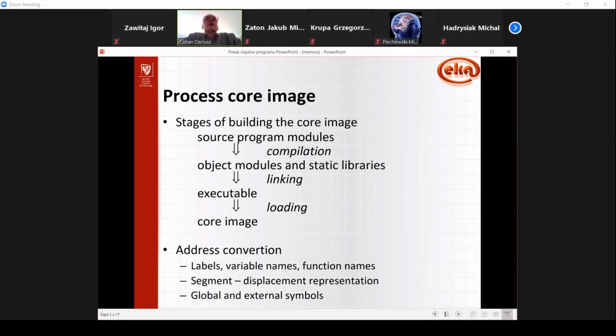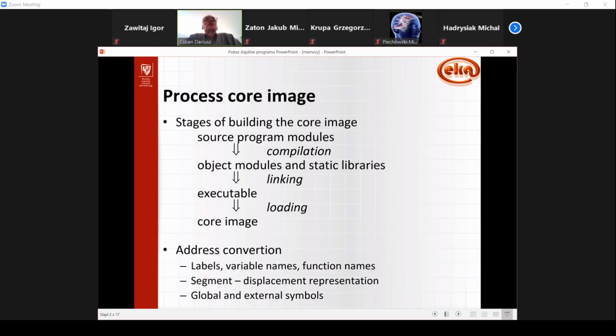I don't know why there are two different references, but it's exactly the same thing as what we were speaking about when we were talking about process context, because the user context of the process is exactly the same as the core image.